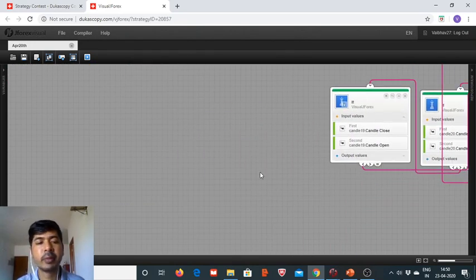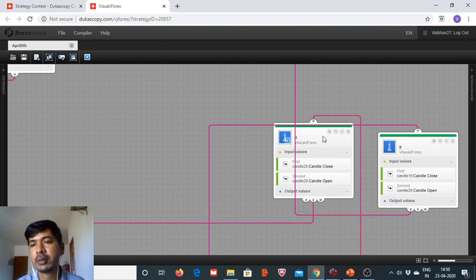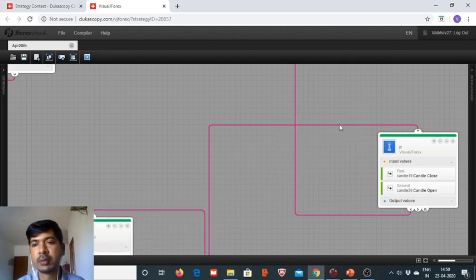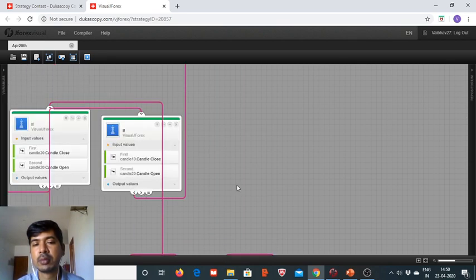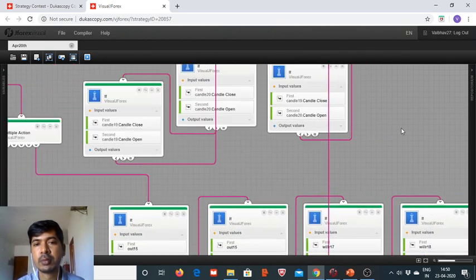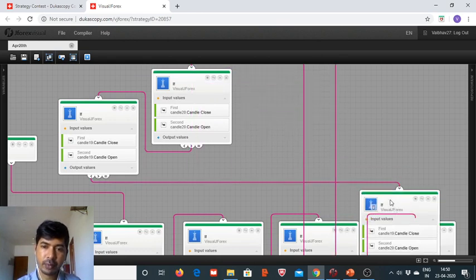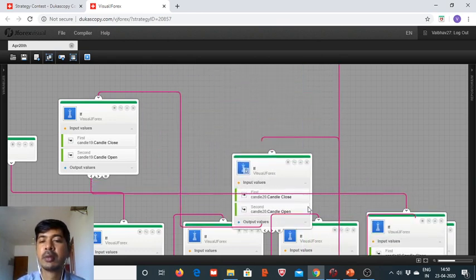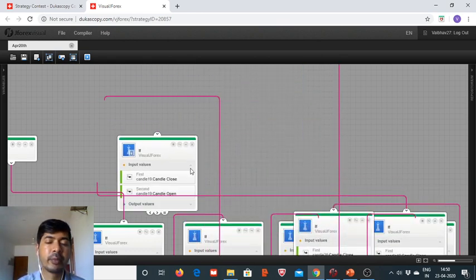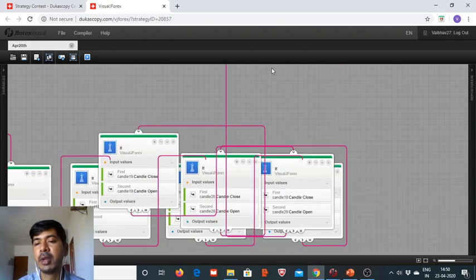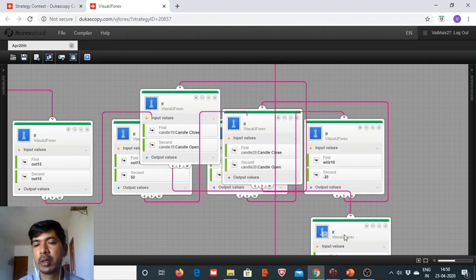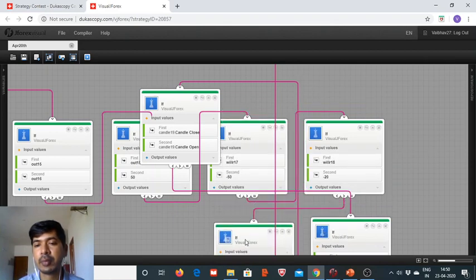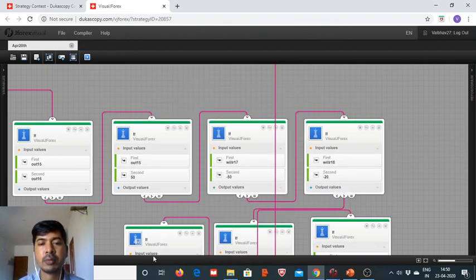So we have looked at the RSI values, the Williams R values, and then the price action on the hourly setup.